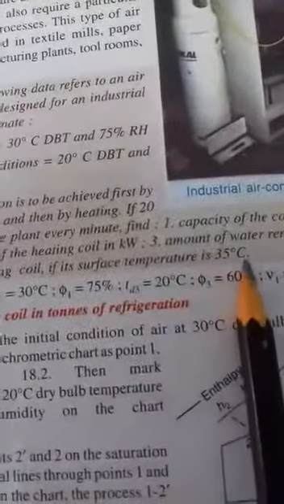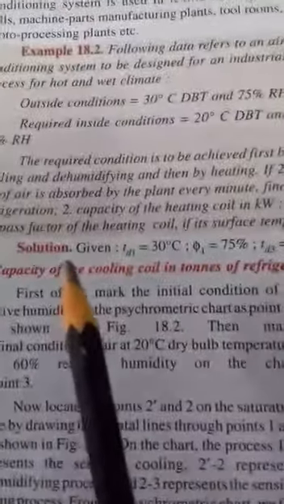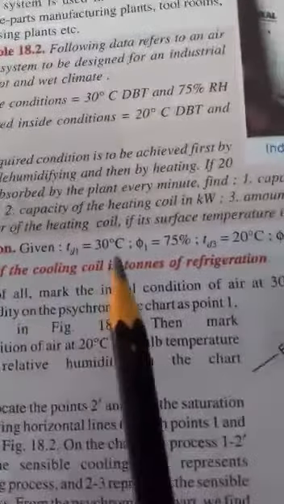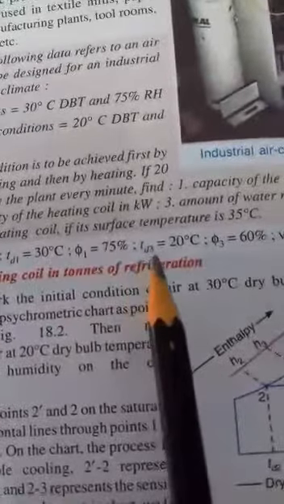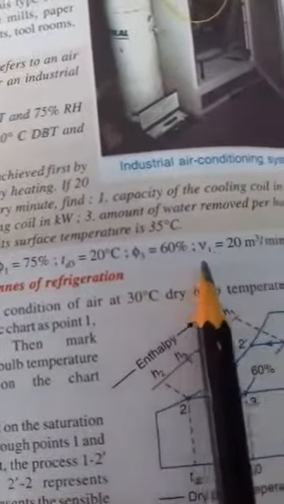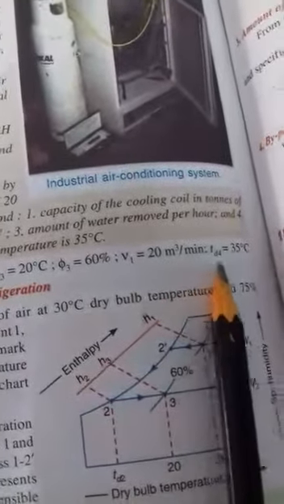Solution. Given: TD1 30, Phi1 75%, TD3 20 degree centigrade, Phi3 60%, V1 20 meter cube per minute and TD4 35 degree centigrade. First, the capacity of the cooling coil in terms of refrigeration.